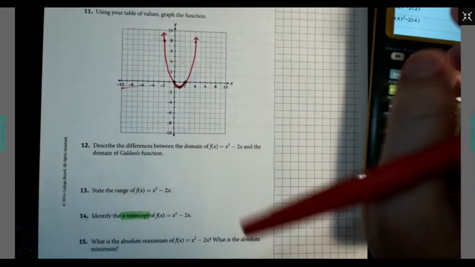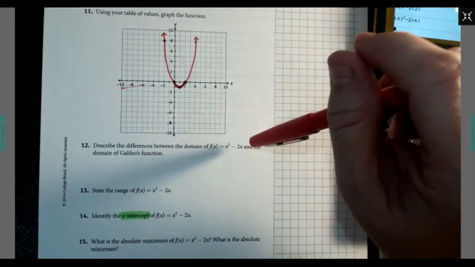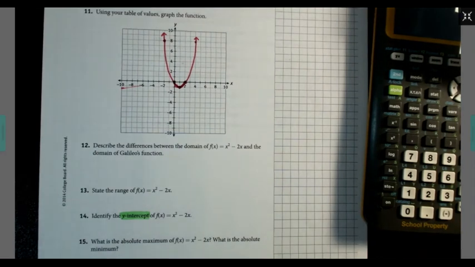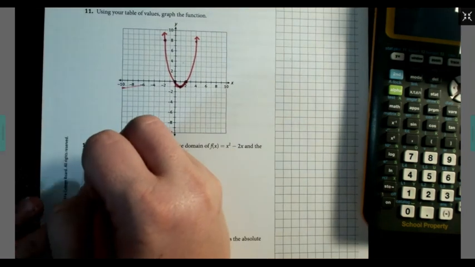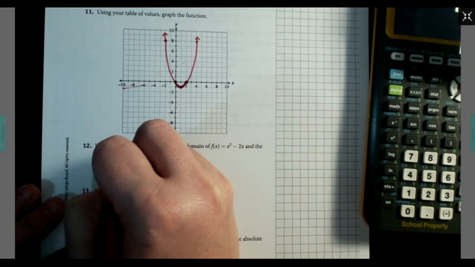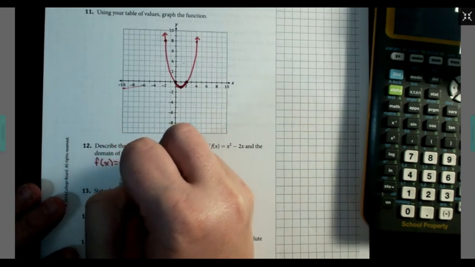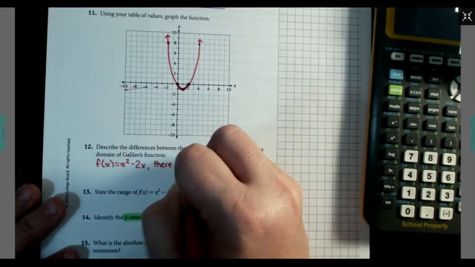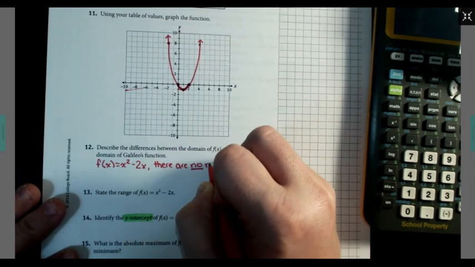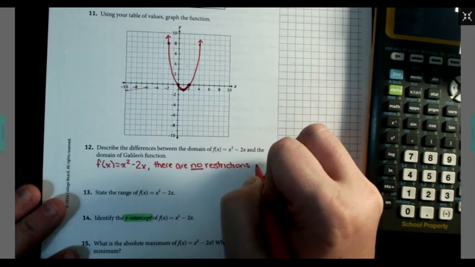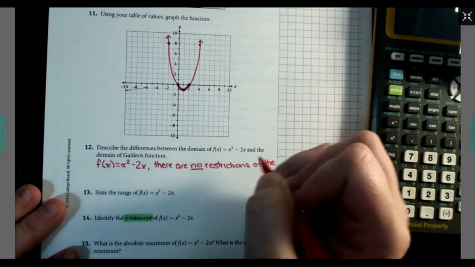Describe the difference between the domain of f of x equals x squared minus 2x and the domain of Galileo's function. Well, for f of x equals x squared minus 2x, there are no restrictions on the domain.